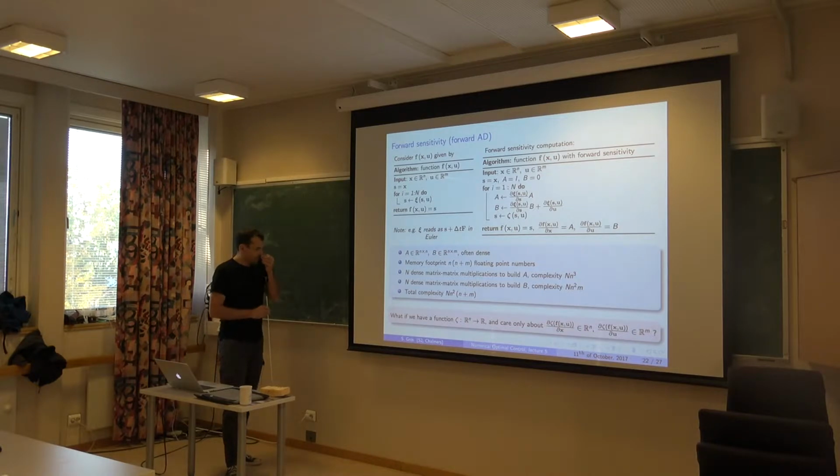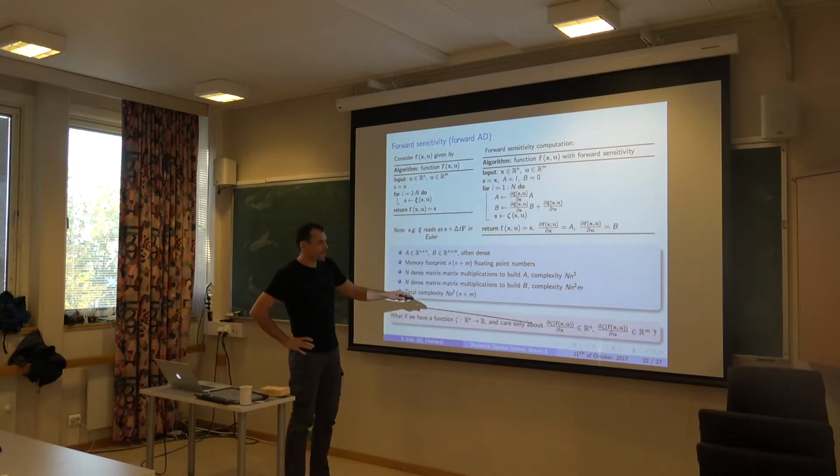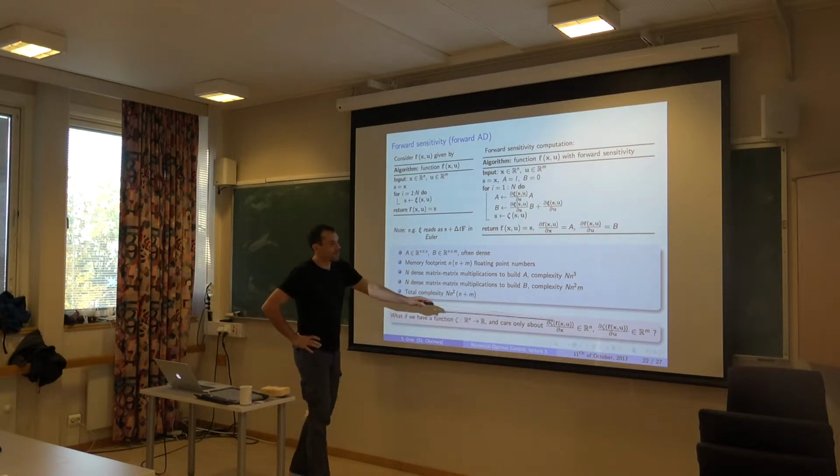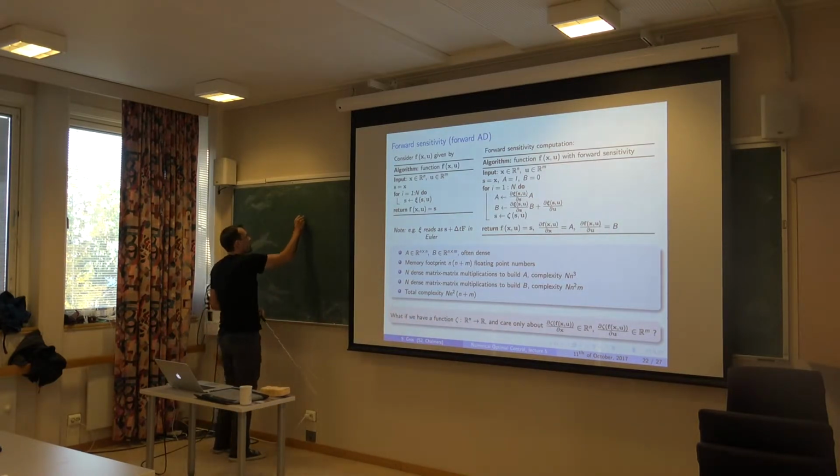Now, the question behind adjoint mode sensitivities is this: you can imagine that you don't care about getting del f del x and del f del u, for some reasons that I can explain a bit later. We don't care so much about these. We care about scalar functions of these.